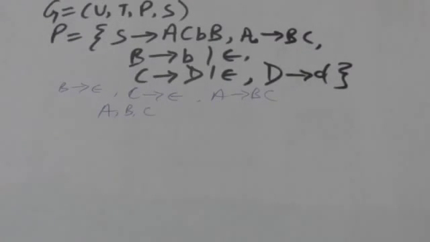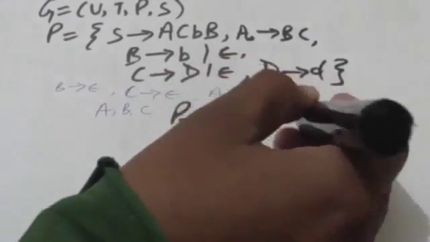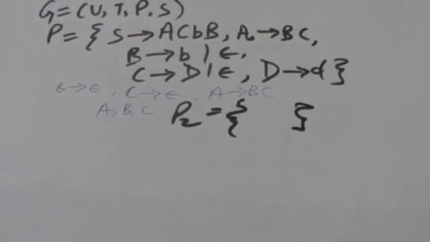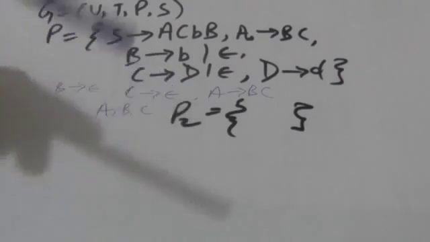Now after this, make a new set P2, right? Now process each production of set P to add production rules to set P2.